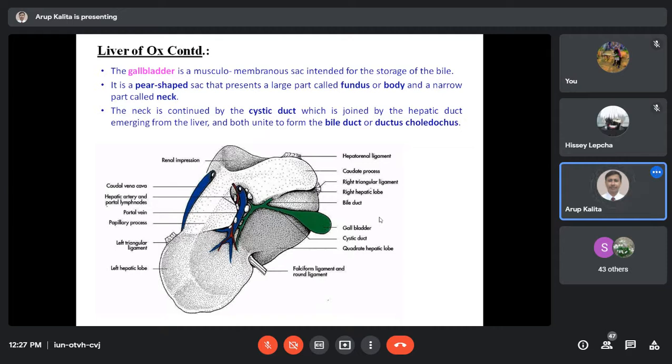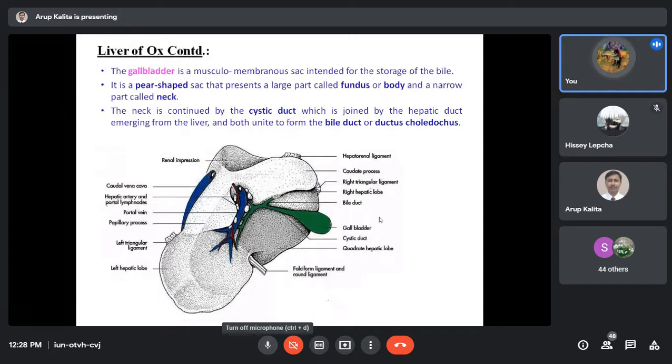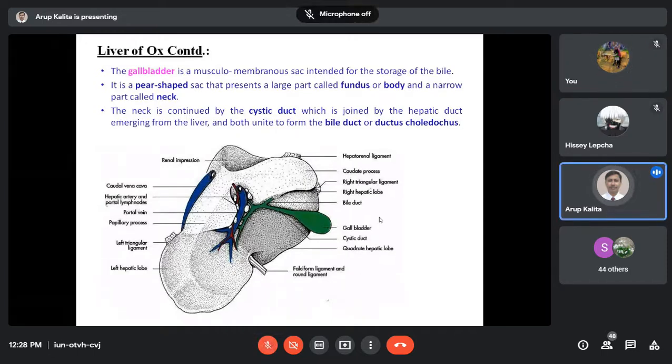In case of horse, after the bile duct, another duct will open. What is that duct? After a few millimeters of the opening of the bile duct, another duct opens in the S-shaped curve of the duodenum. Pancreatic duct. Very good.